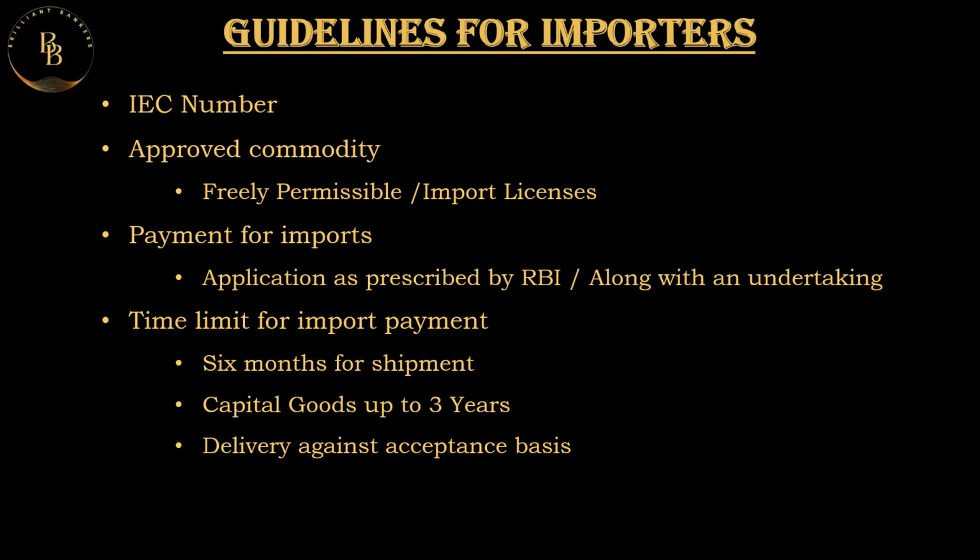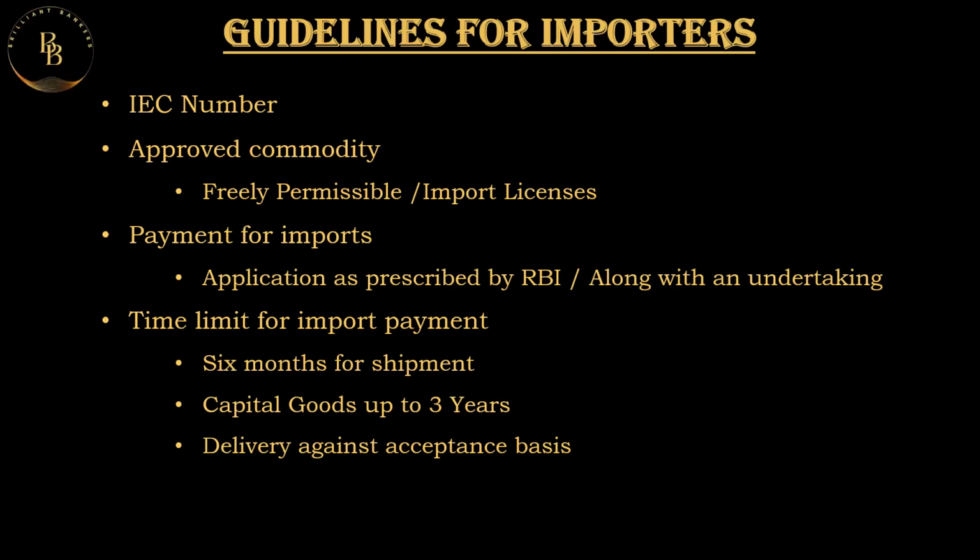In respect of imports that are based on delivery against exempt basis, all AD Category 1 banks shall verify the evidence of import. Here it is mentioned that the evidence of import will be a separate topic coming in the next slide.